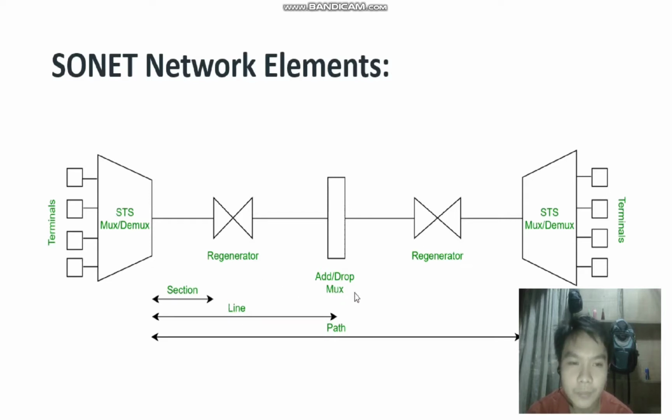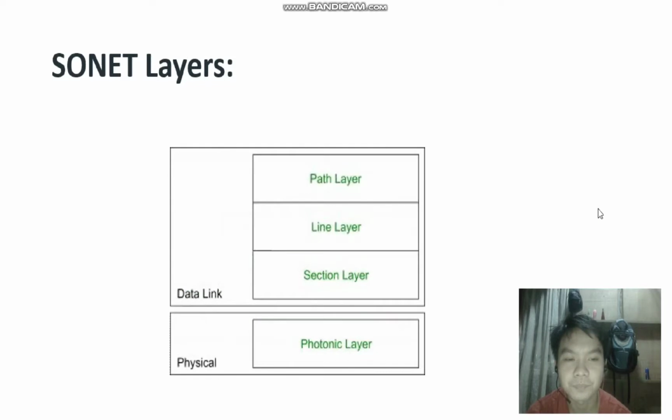Then from add or drop mux, it connects to the STS demultiplexer. Then the path represents our end-to-end signal from STS mux to STS demultiplexer, from the input terminal to the output terminal here.